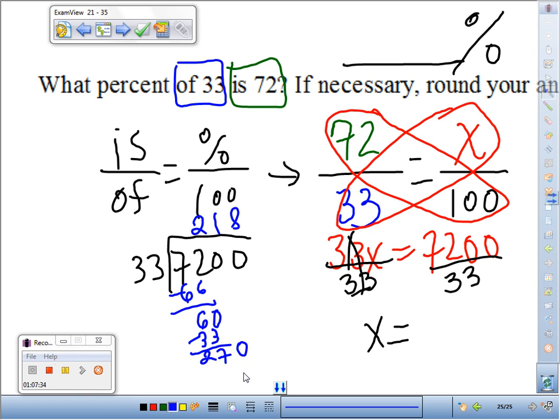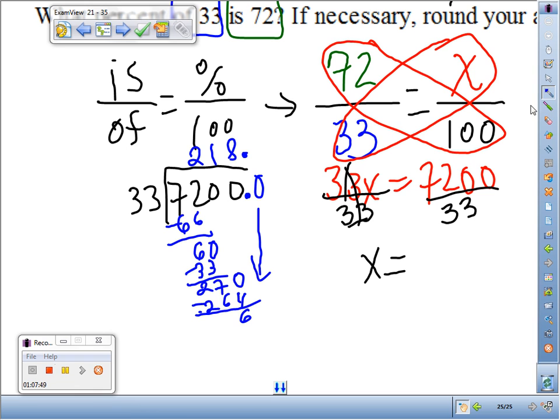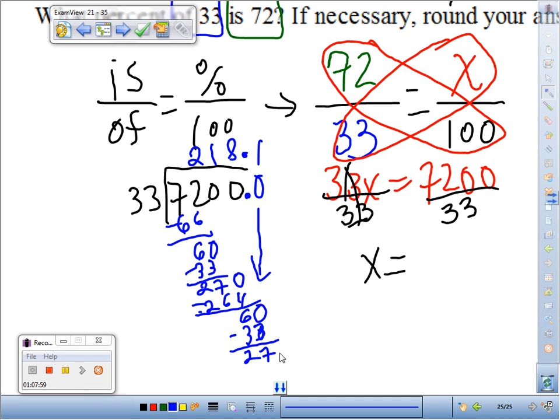8. 24, that's 26, subtract, that's 6, add a decimal and a 0, bring that down, fits in there once, subtract, that's 27.